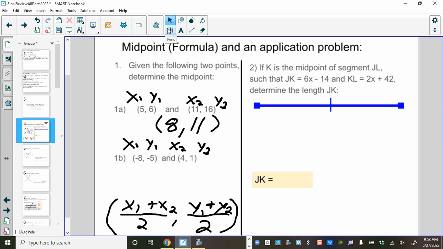Well, negative 8 plus 4 gives you negative 4, and then negative 4 divided by 2 is going to be negative 2. So this becomes negative 2.